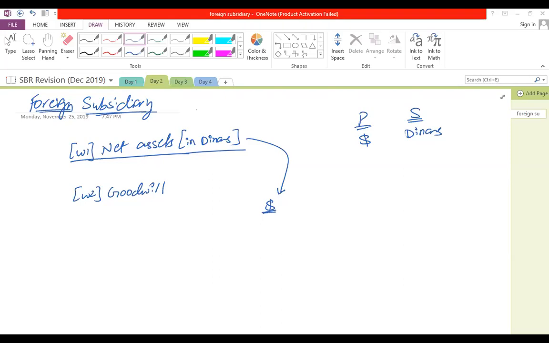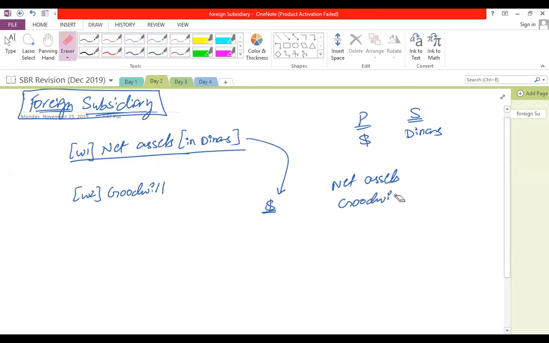Now, mainly the important thing in the foreign subsidiary is when we prepare the net assets and the goodwill, these two workings will initially be calculated in the foreign currency, which is going to be the dinars, and then we are going to convert that into the dollars.